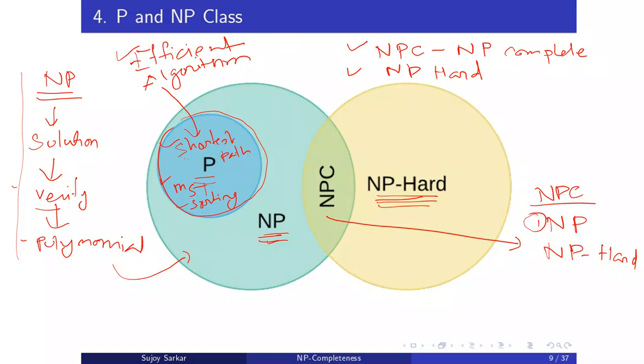Two things have to be there. NP means we can verify in polynomial time, and hard means these are hard problems, at least as hard as any other problem here. So we can say this is one of the hardest problems in NP class.